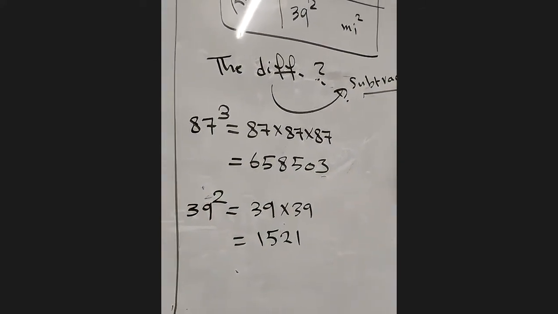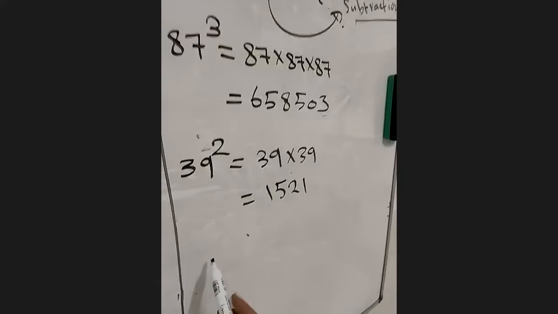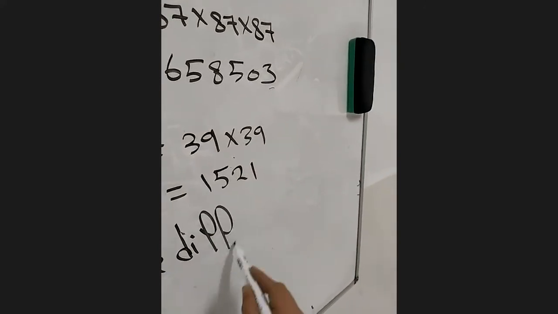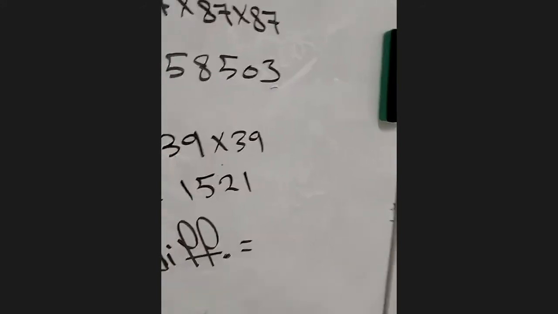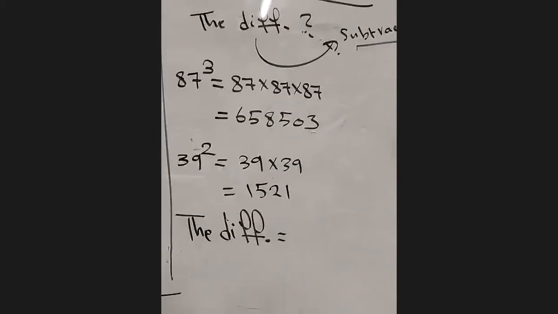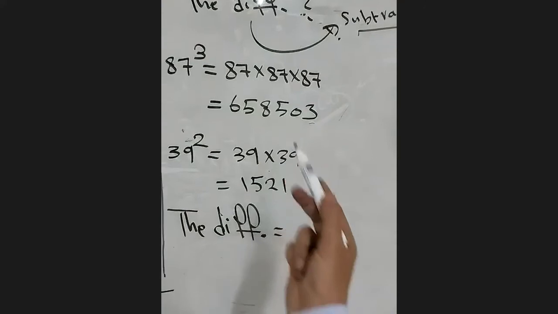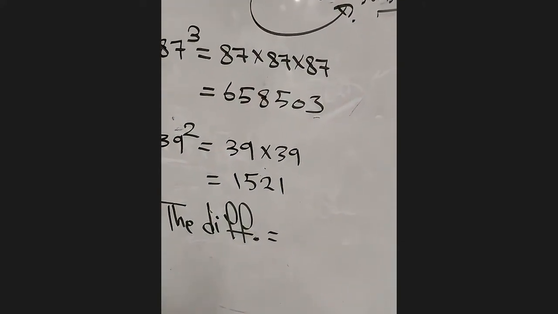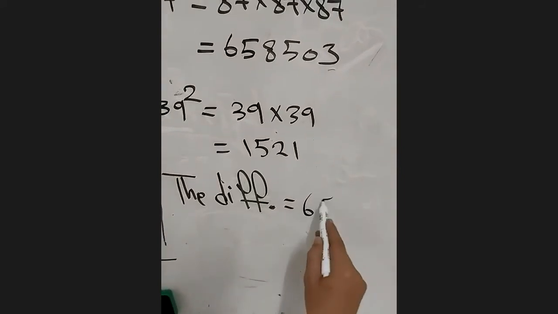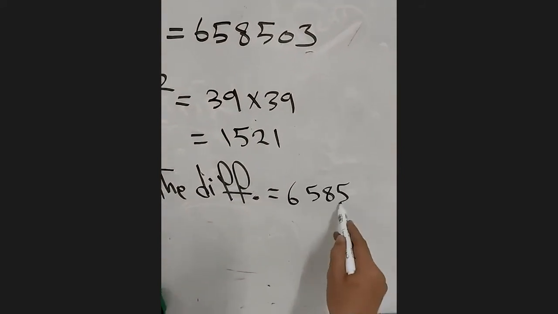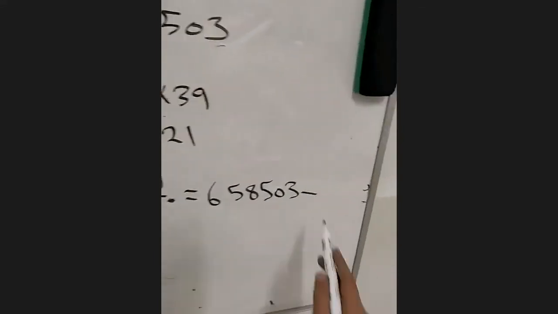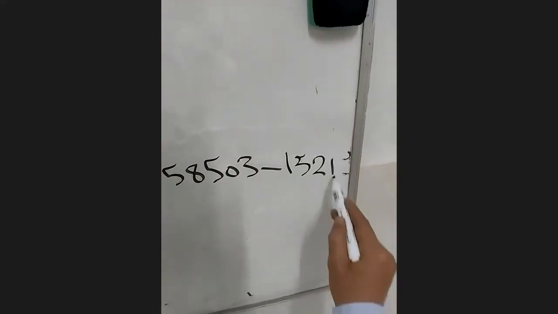Yes, now we can subtract both of them. So the difference between the two areas is, for sure, the bigger minus the smaller, right? It will be 658,503 minus 1521.